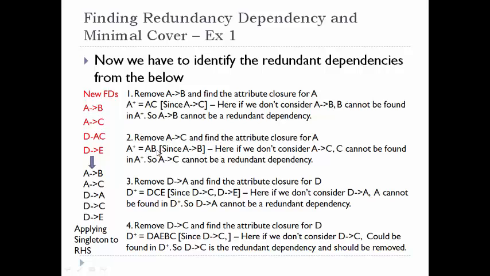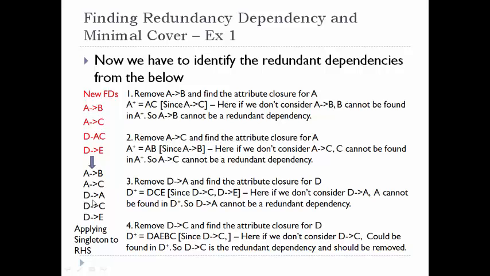So if you try to remove this A tends to C, your A closure will give you only A and B. Since you have removed the A tends to C functional dependency, and since C has not arrived in this closure, we cannot say this A tends to C is redundant, and we are not going to remove this functional dependency.